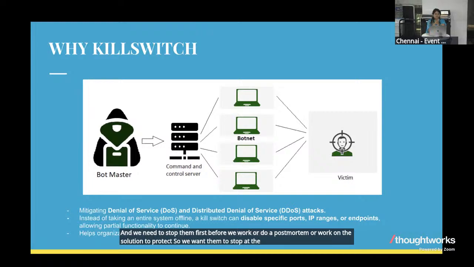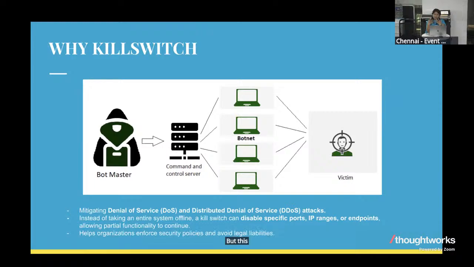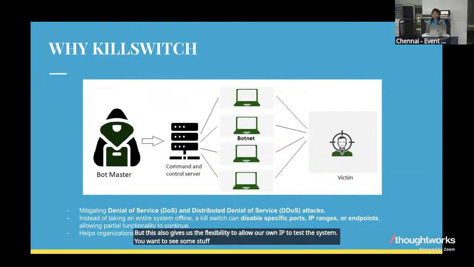So in those cases, we just go and restrict their traffic at that level. But this also gives us the flexibility to allow our own IP to test the system. You want to see whatever has been broken or something. For testing purposes, we can allow our own IP and block the rest of the IP addresses as well.